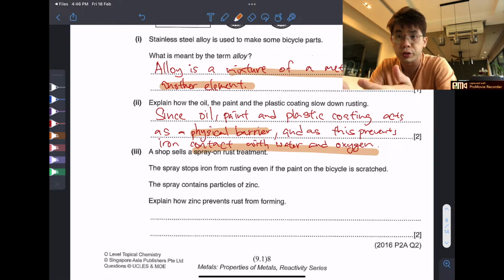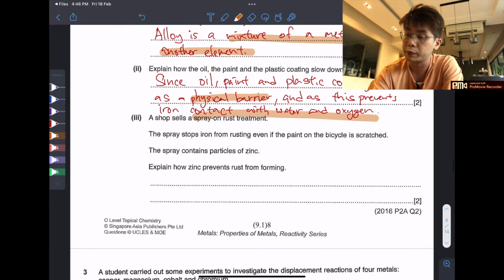So this is the preferential corrosion idea. How do we write this explanation? Since it says explain, we start with since.